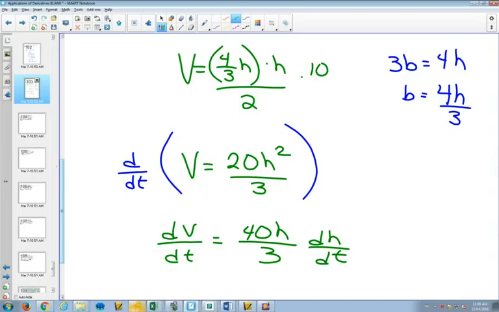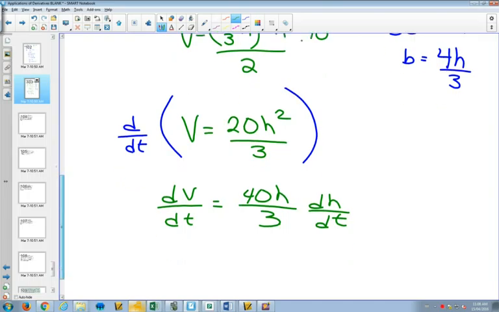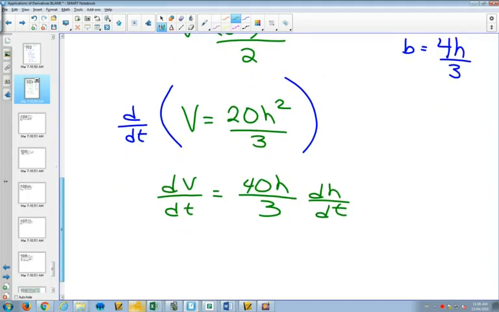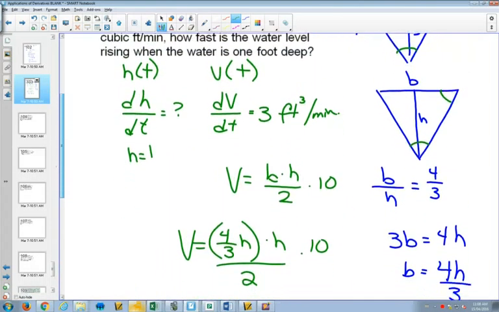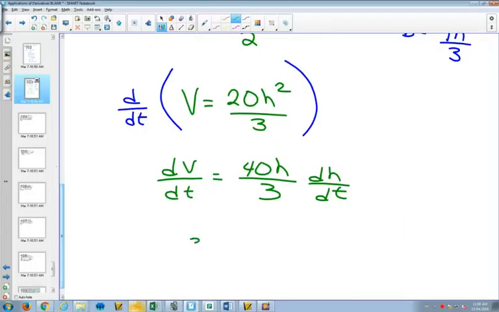And so if we want to find out how fast the height is changing with respect to time when the height is 1, we know that dV dt from the original question was 3. We're going to plug in 1 for the height.